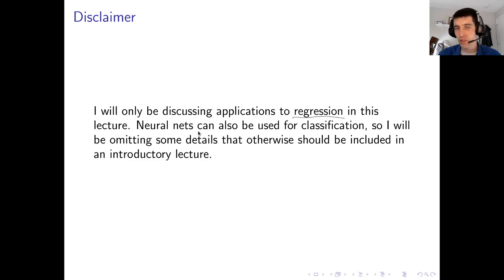You can do this for neural networks, but we're not going to discuss it today. You can also have multi-category or multi-label output, not just binary classification, but we're not going to discuss this today. Usually, you would say something about this in an introductory discussion of neural networks, but I want to plug into the things we know best, which is regression, so we're only going to be talking about these applications.